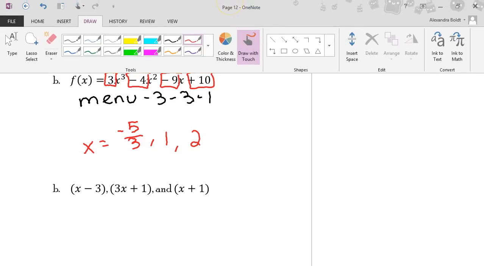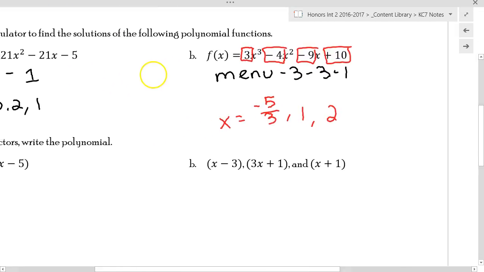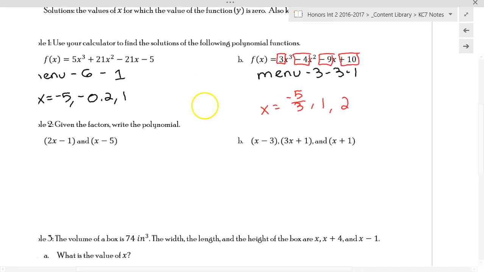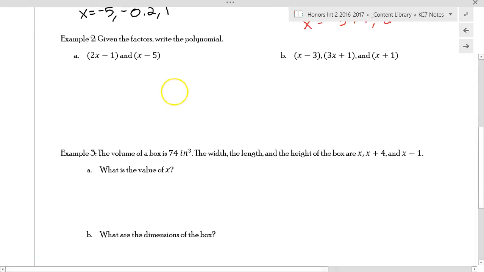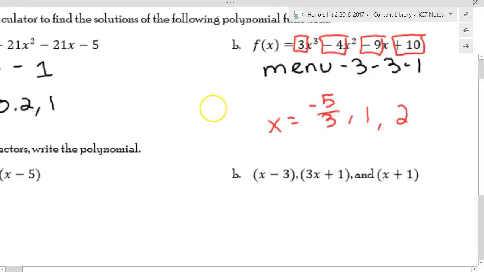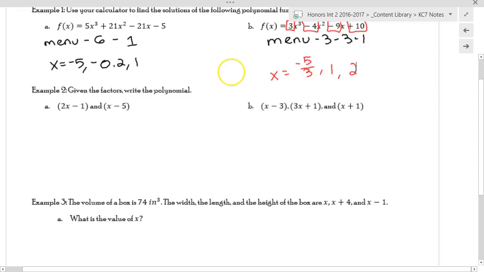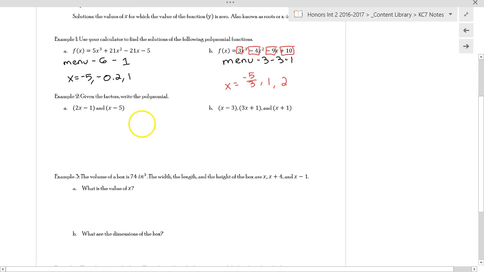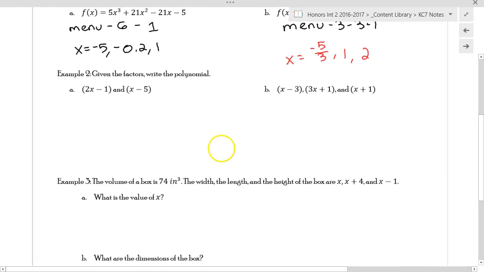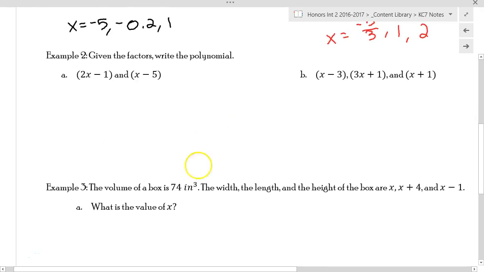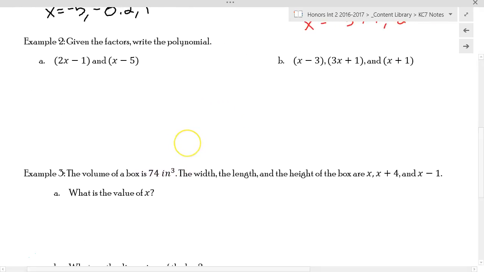So, I will full screen this part. So let's look at example 2. Example 2 is given the factors, write the polynomial. So for A, 2x minus 1 and x minus 5, this is more like what we were doing before.